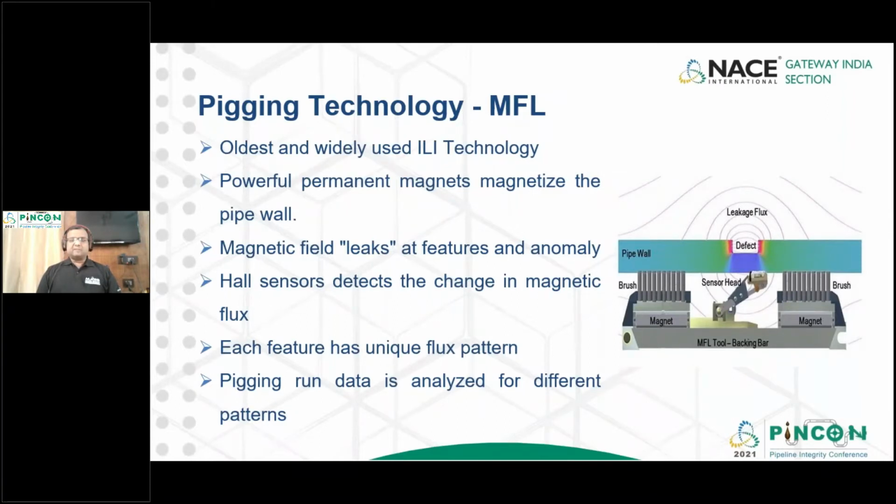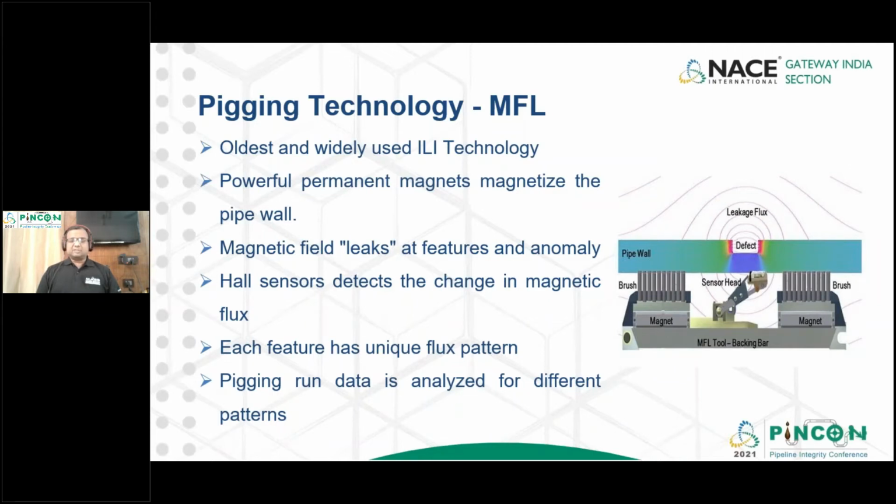MFL pigs have powerful magnets and multiple Hall effect sensors installed between the magnets. It works on the principle of physics where the pipe material is magnetized beyond the saturation level. When a feature is encountered, the flux leakage is detected or captured by the Hall effect sensors and saved in a local storage.